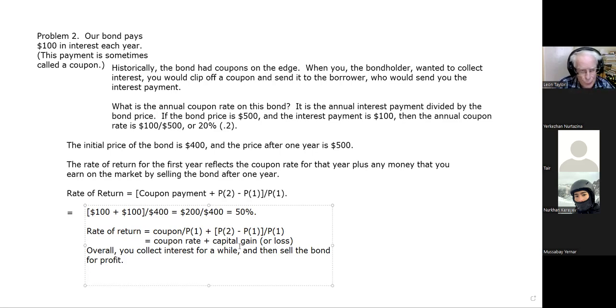So let's take a look at these two components. The coupon rate is 100, the interest after 1 year, divided by the initial price of the bond of 400. And that's a rate of 25%.